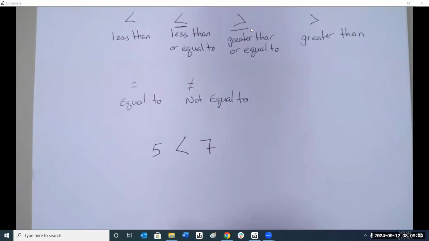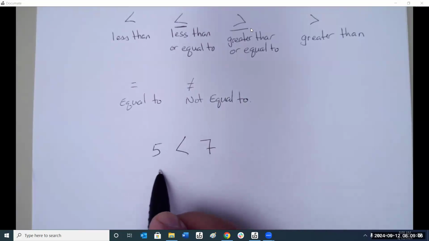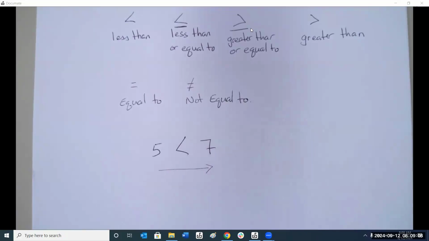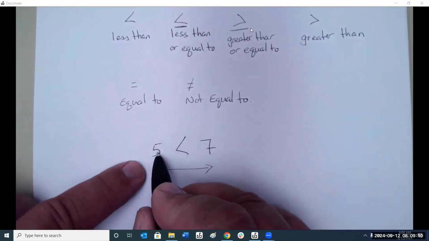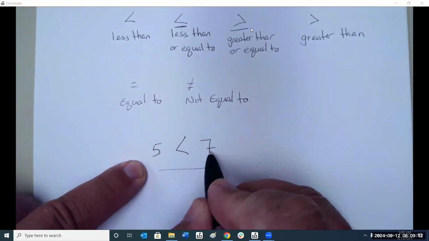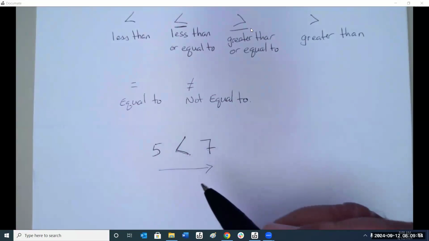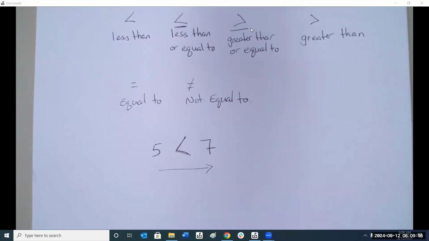And how do we read this? Yeah, read left to right. So how is this number connected to this number? It's less than. So basically you say that the arrow always points to the smaller one, or like how many people in elementary school learned, the alligator or the lion always goes for the bigger piece of meat.